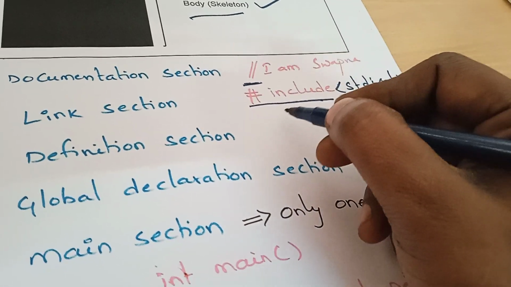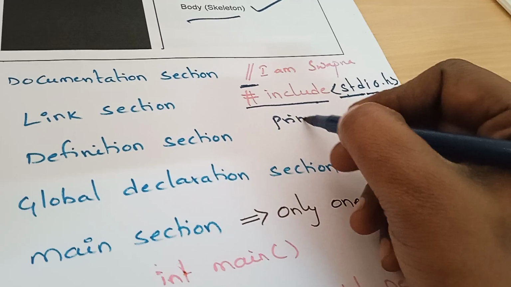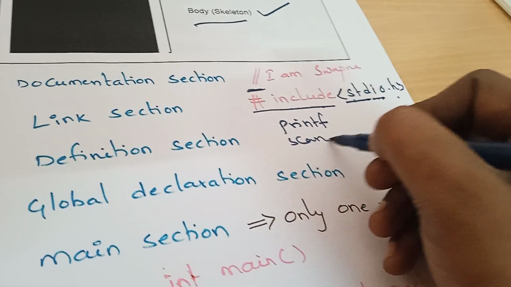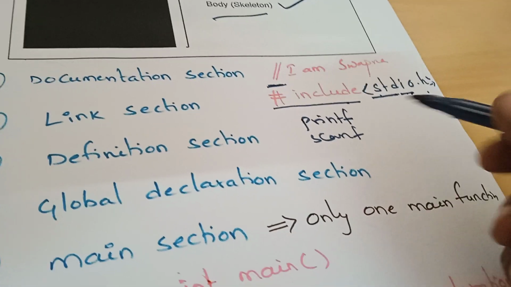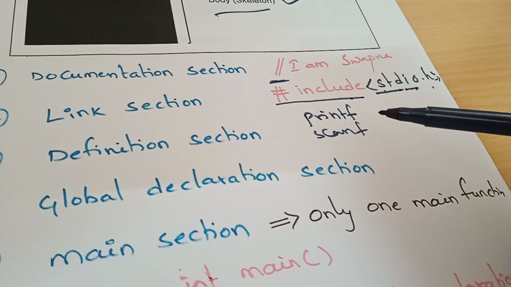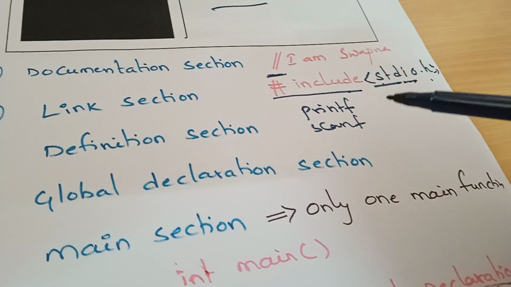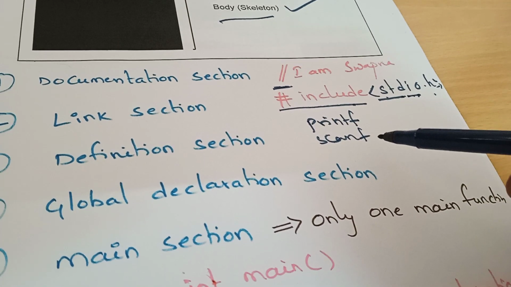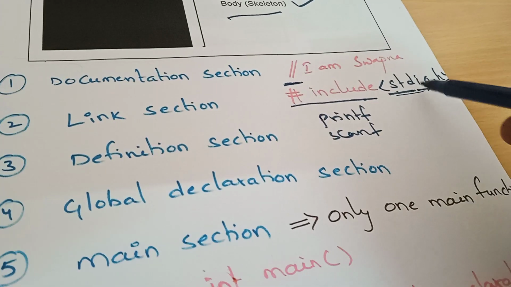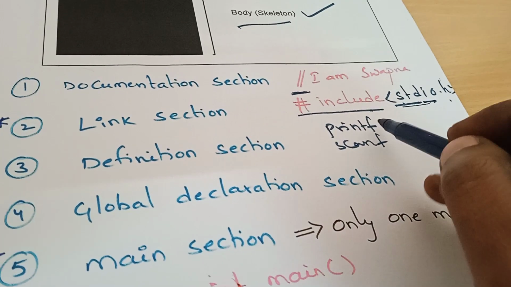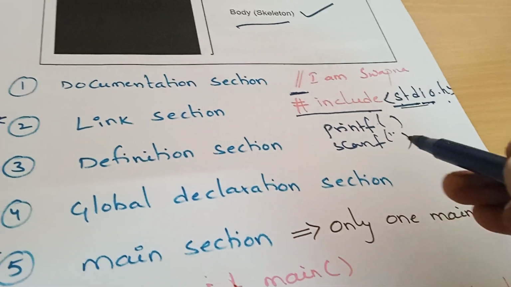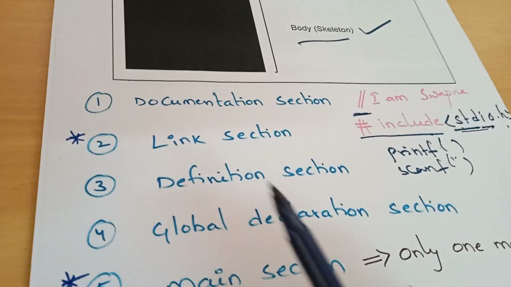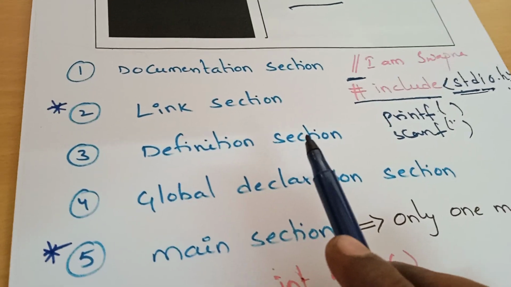If you include this, then we can access the output function printf and the input function scanf. You need not tell how these two are defined, as they are already defined in this; we just access them. And this is mandatory.